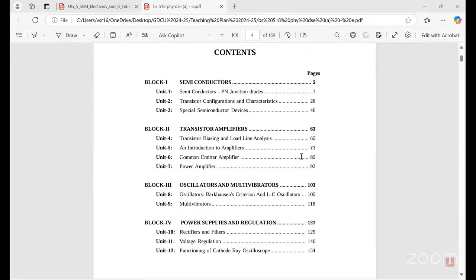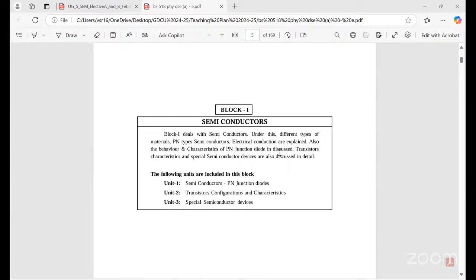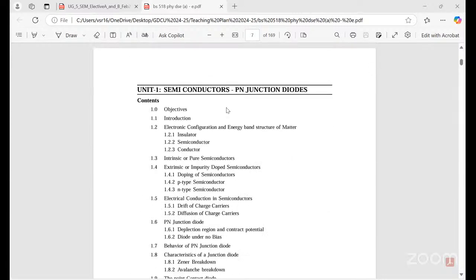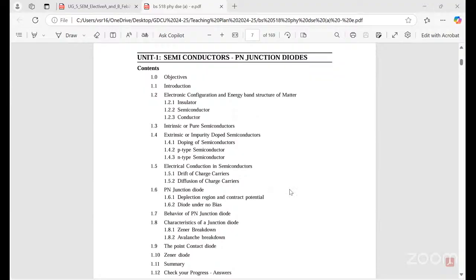PNP as well as the NPN transistor. And in this, you need to know about the common configurations: common emitter, common base, common collector. And the last unit, special semiconductor devices.